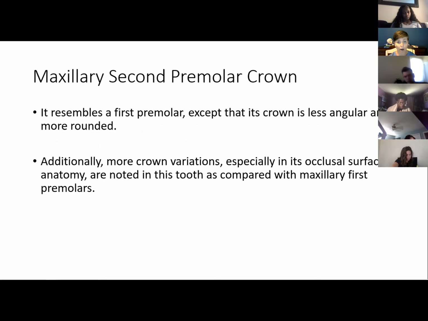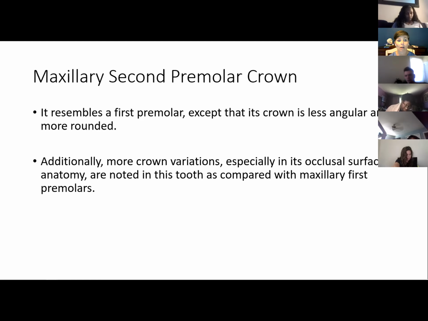The crown of the maxillary second premolar resembles the first premolar, except its crown is less angular and more rounded. I think we discussed that a few seconds ago when we were comparing them. Additionally, more crown variations are seen with this one, especially on the occlusal surface.